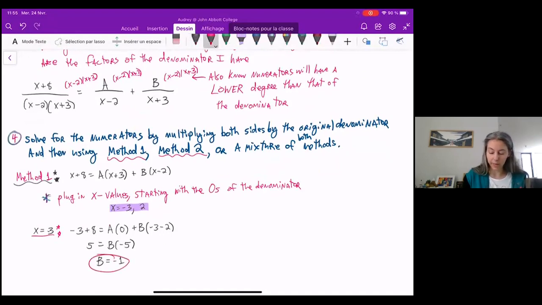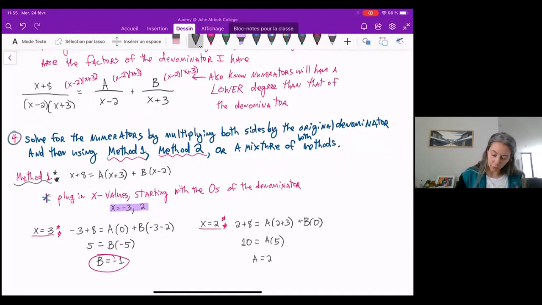There we go, we solved for B. Now, I'll plug in x equals 2. I get 2 plus 8 is equal to A times 2 plus 3 plus B times 0. So this gives me 10 is equal to A times 5, and then A is equal to 2. So I was able to solve for both of my numerators just using the simple method 1.